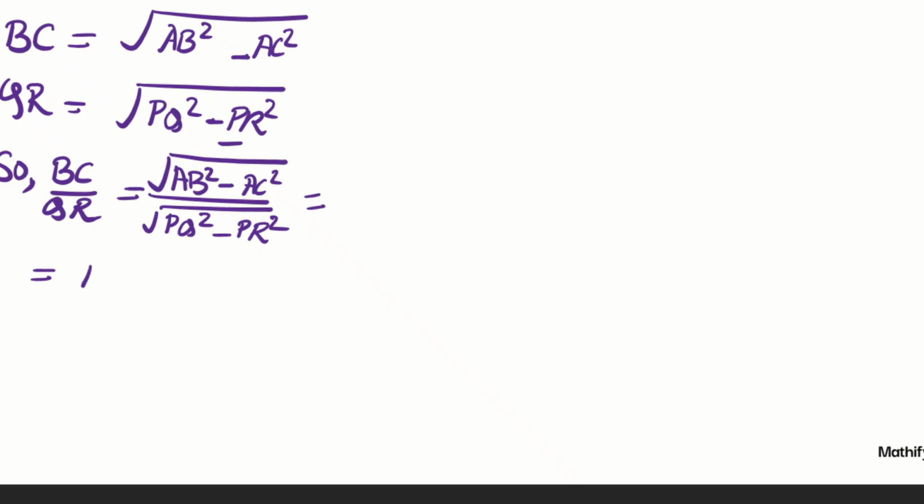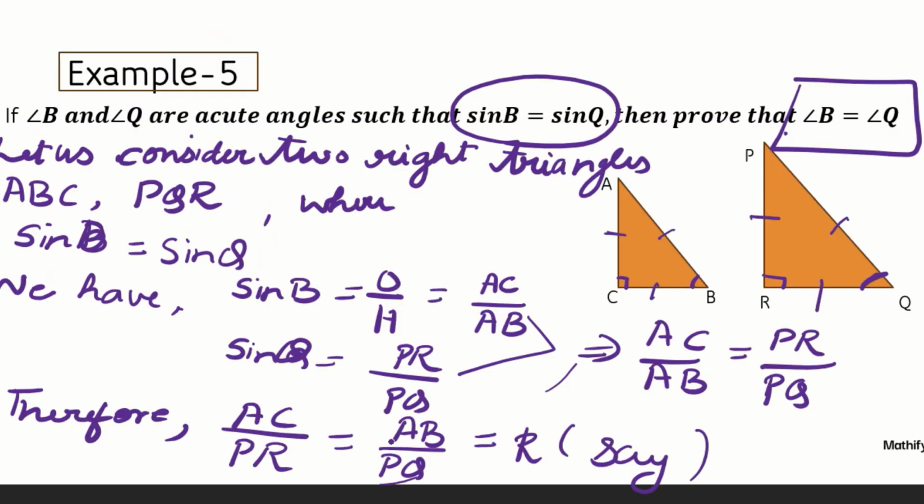For AB, we can write KPQ. Okay, and for AC we can write KPR.